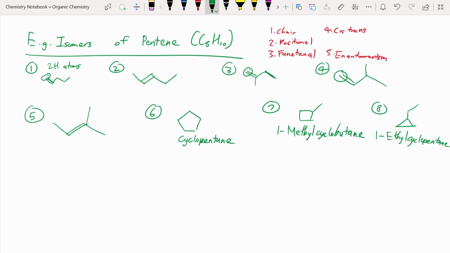And since there's 2 identical groups on the same carbon, cis-trans doesn't exist. This one is 2 CH3 groups, so that's why it cannot. So only cis-trans exists for this one, because there's a methyl group and a hydrogen group right here, and then there's an ethyl group and a hydrogen atom on the other carbon.